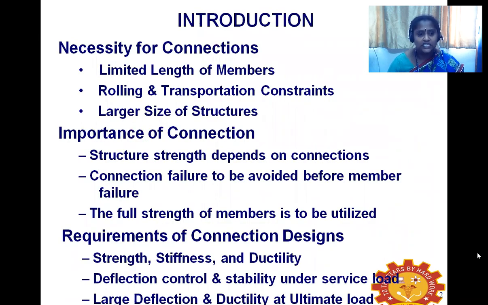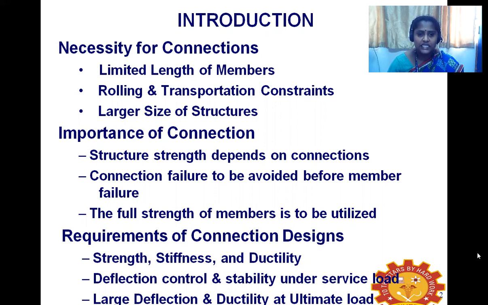Coming to steel structures. Before entering into that, let us compare steel structures with reinforced concrete structures. Reinforced concrete structures, we all are aware, are constructed monolithically. Monolithically in the sense, column, beam, slab are cast together at a time, and the load transfer is also done monolithically.